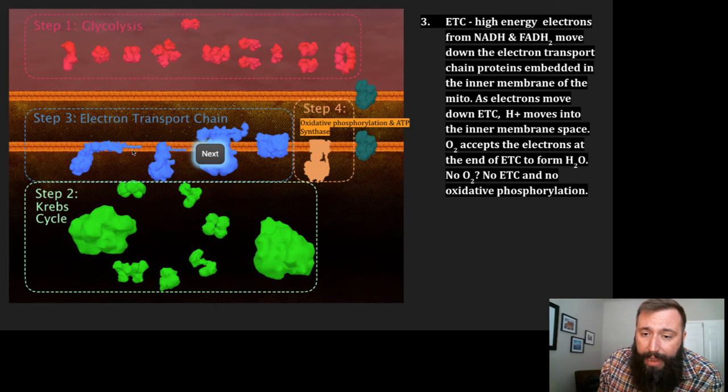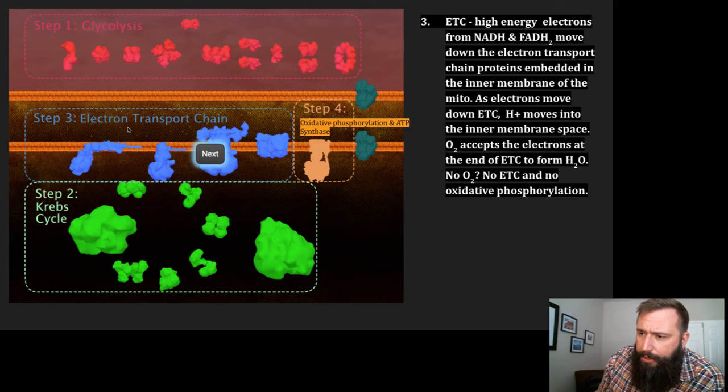The electrons will pass down from one of these proteins to the other, and as that happens, these proteins are going to actively pump H+ ions into the inner membrane space, which is in between the 2 orange cellular membranes. We're increasing the concentration of the H+ ions in this region of the mitochondria.